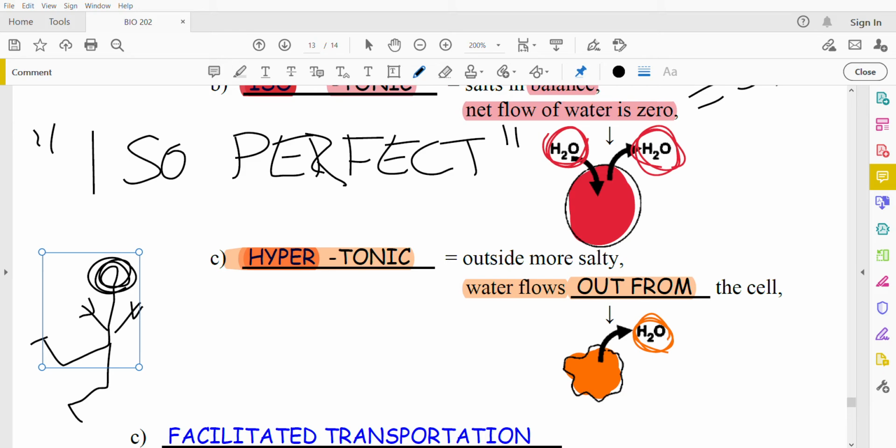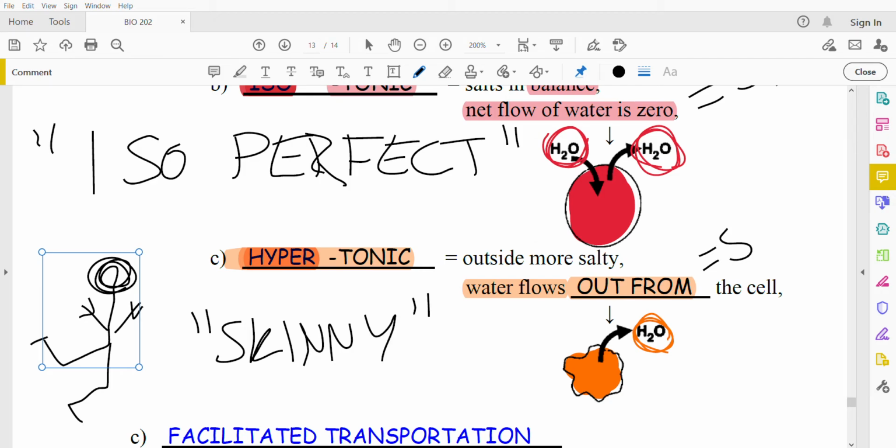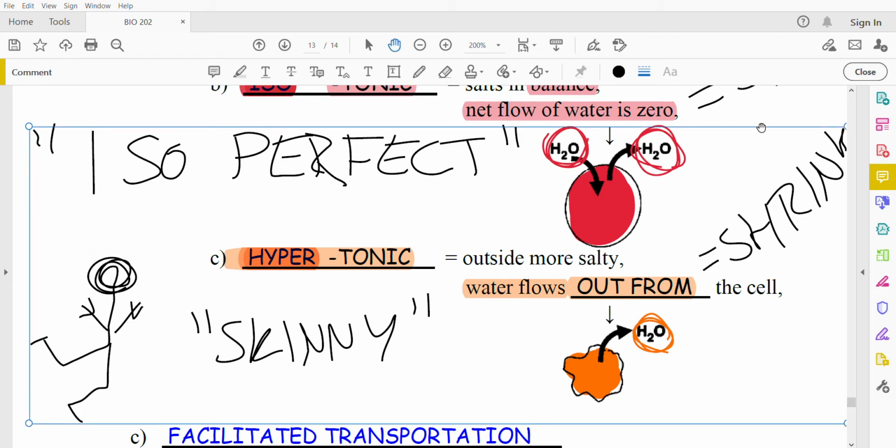You become very skinny. So those were our skinny cells. They shrink in size. So that was our hypertonic cells.